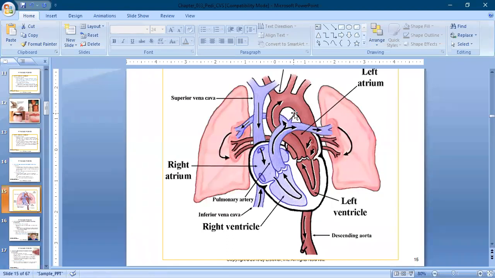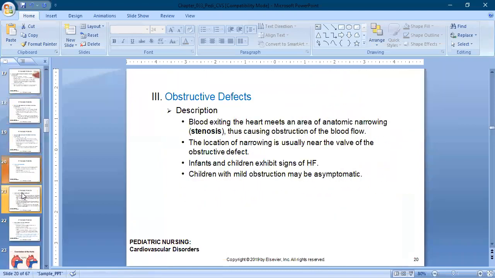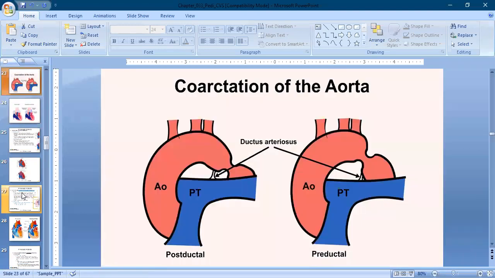But unfortunately, some babies do not fuse this channel, and this is called patent ductus arteriosus. I can show you a picture of patent ductus arteriosus. You see, this is the pulmonary trunk, this is the arch of aorta.